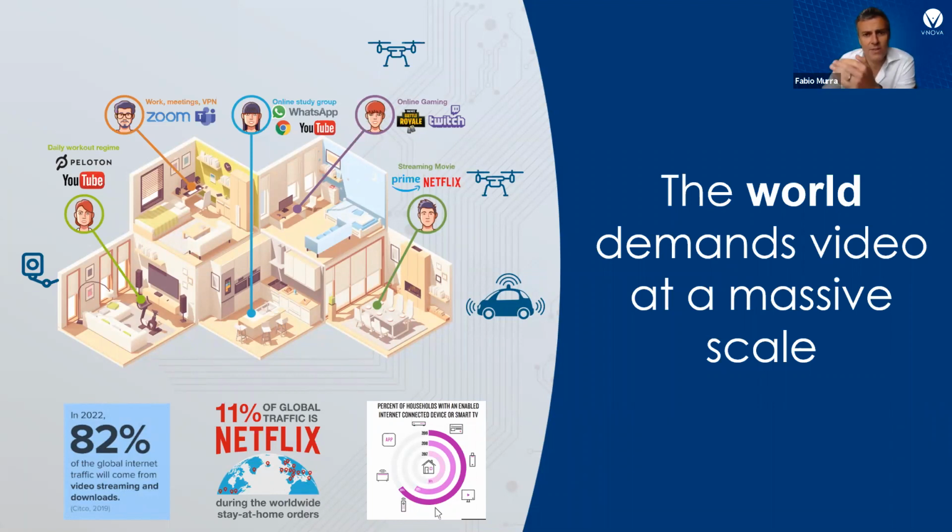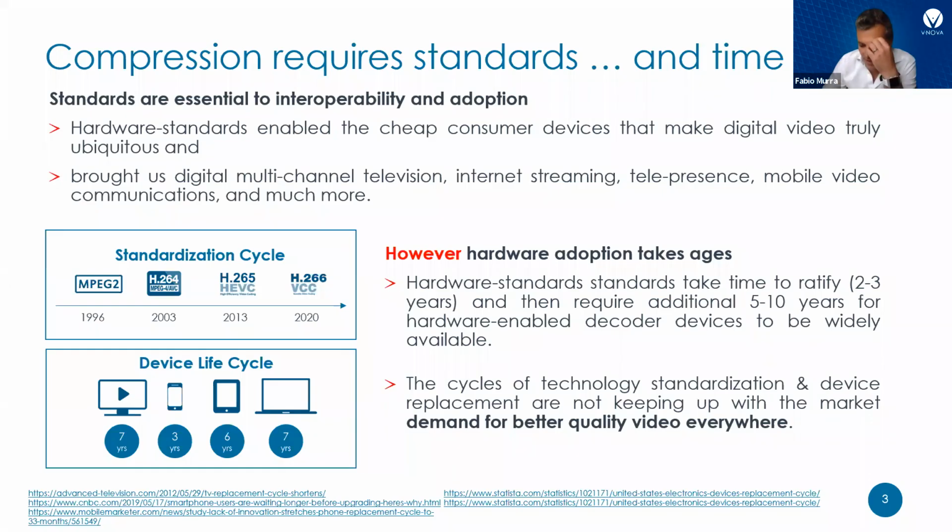Compression standards have largely addressed this over the years. They have been around for a while and have already affected our lives, from the digitization of television to internet streaming, telepresence, which of course we're using today during the sessions, mobile video communication, and much more.